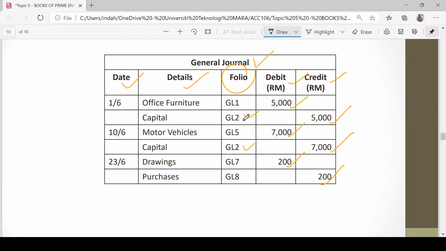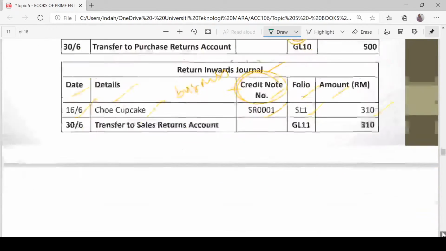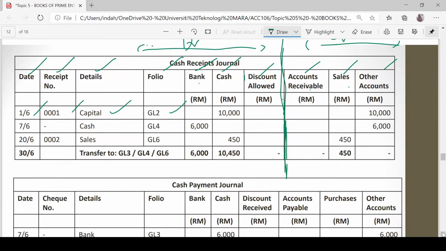Any transaction affecting the capital, we are going to assign the same code, which is GL2. The amount is in the form of cash in hand, so we put that in the cash column.